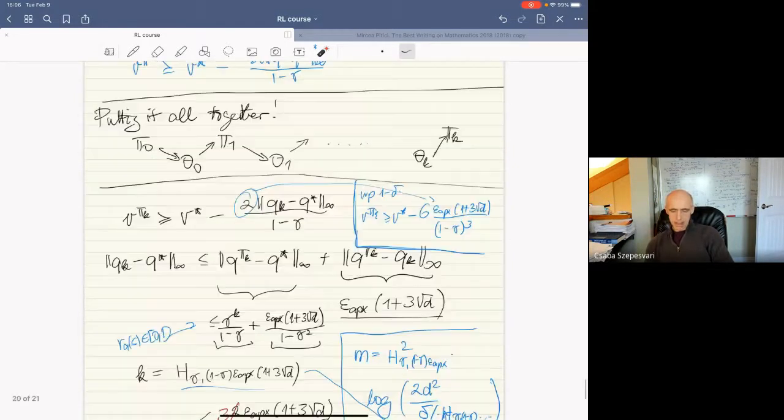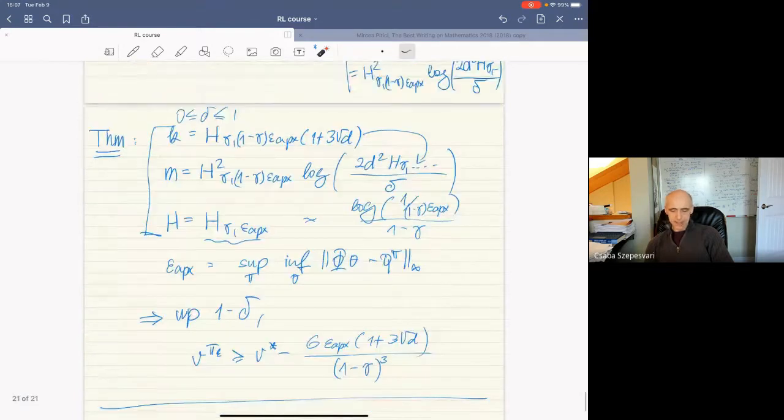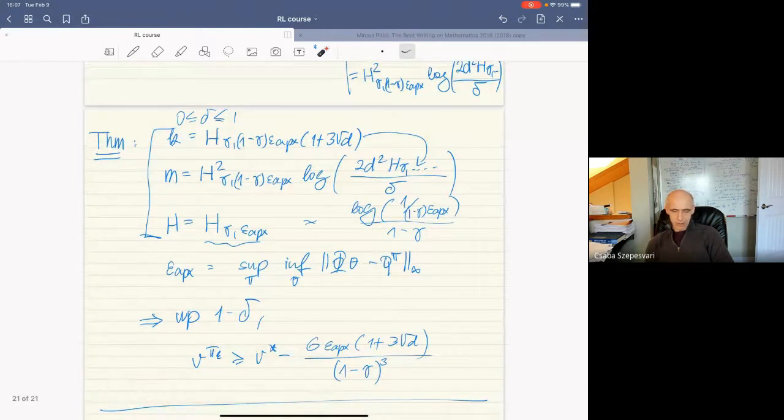So maybe a better way of writing this is that you can choose your own epsilon. So get rid of this, get rid of this, get rid of this.